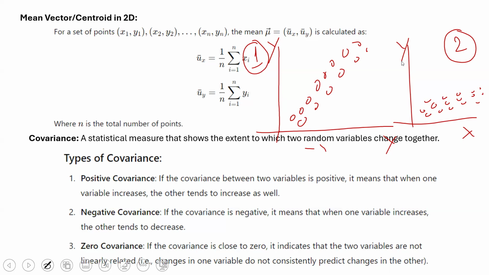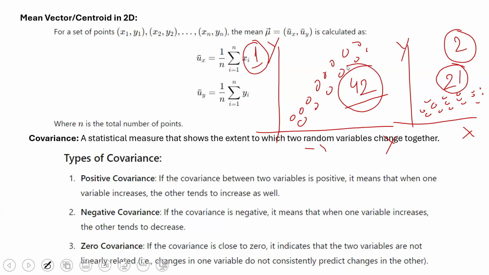For the first diagram, it is strong, yeah, because both are in the same trend, right? Y is following x. So when you calculate the covariance for this, let's suppose you're getting that as 42. When you calculate the covariance for this, you're getting it as 21.